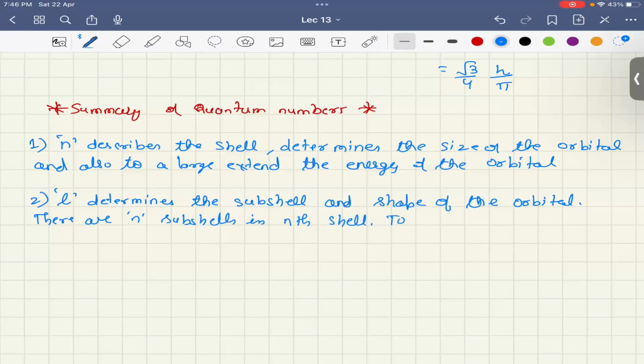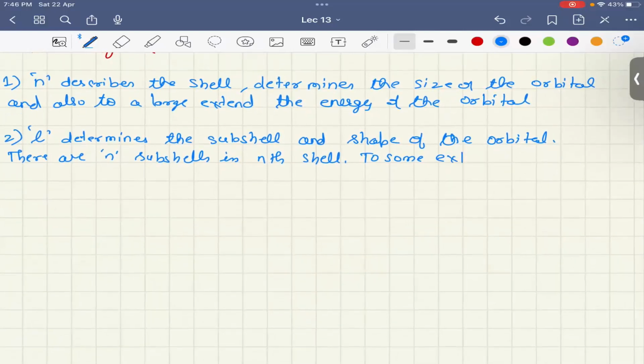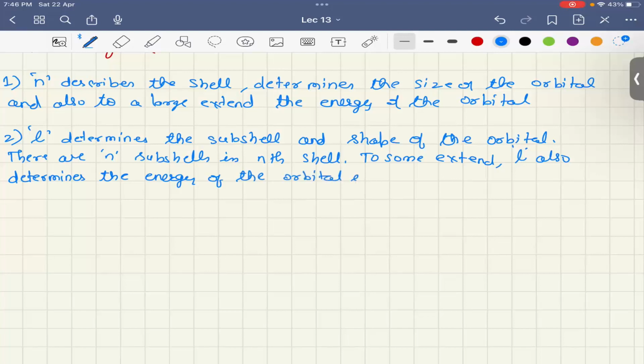To some extent, L also determines the energy of the orbital in a multi-electron atom, right?